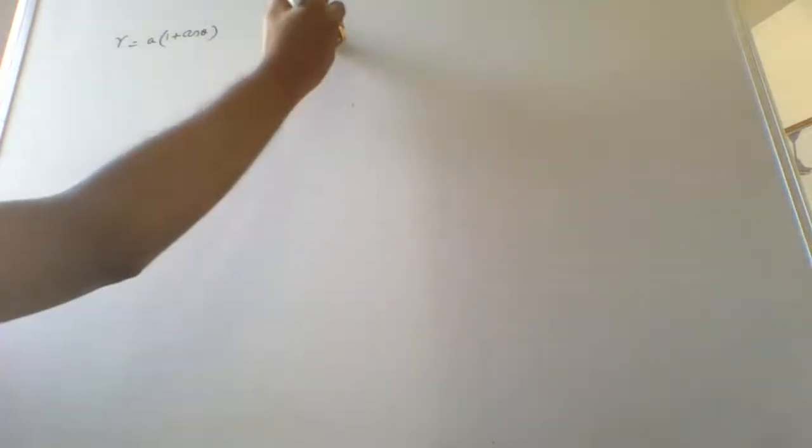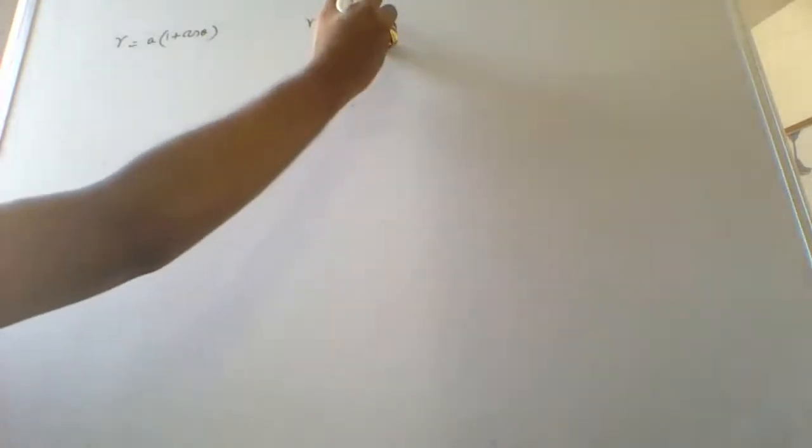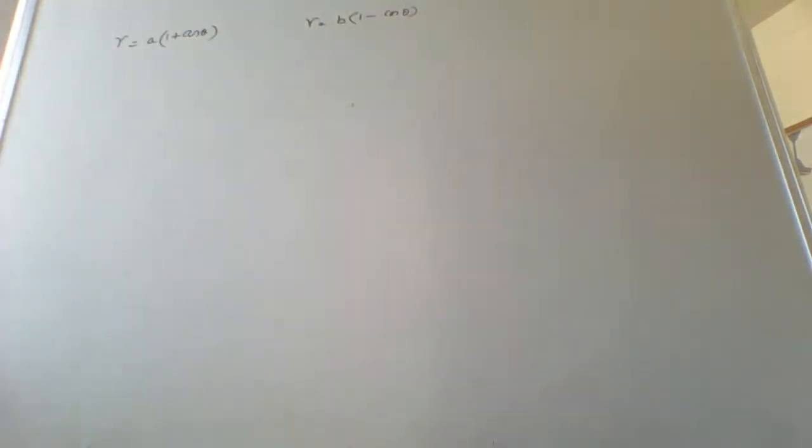So r is equal to a times 1 plus cos theta, and we have r as b times 1 minus cos theta. Let us prove that these two curves intersect orthogonally.